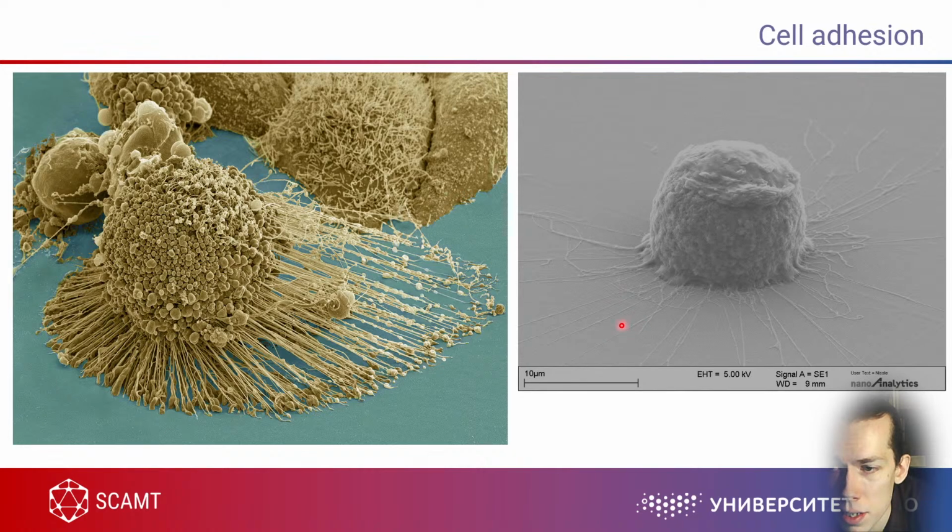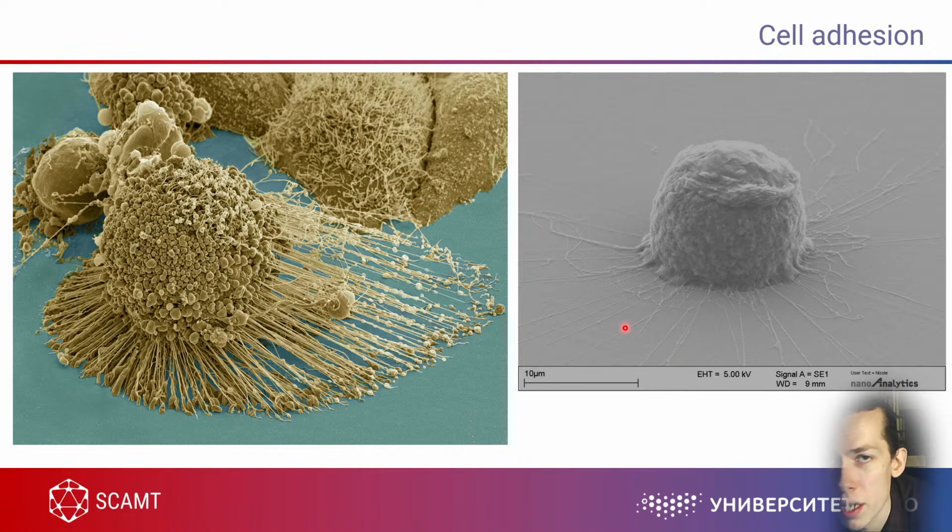The length and width of these pillars are less than 1 micron. And why is this important? This is important because if a cell loses this adhesion to the substrate, most of the cells will die, because they need this adhesion and these connections to maintain their life.